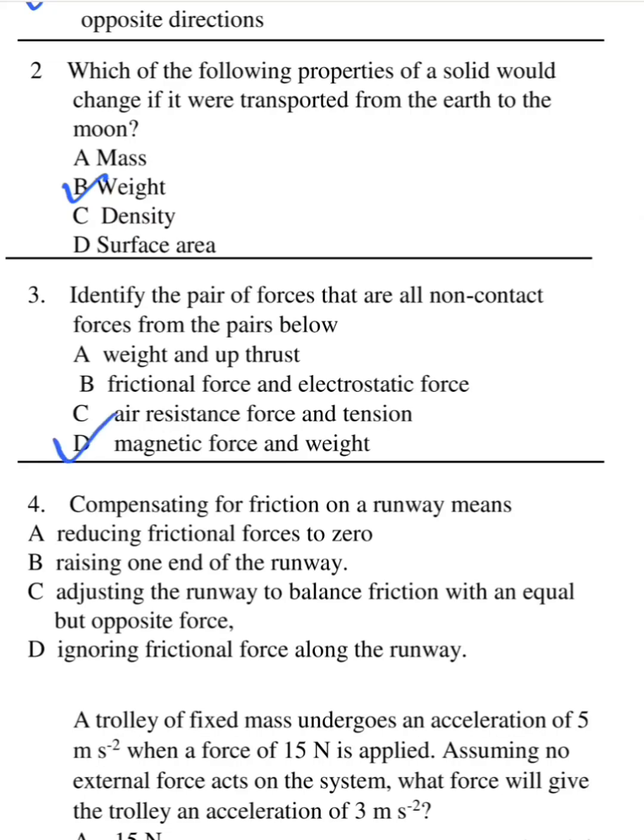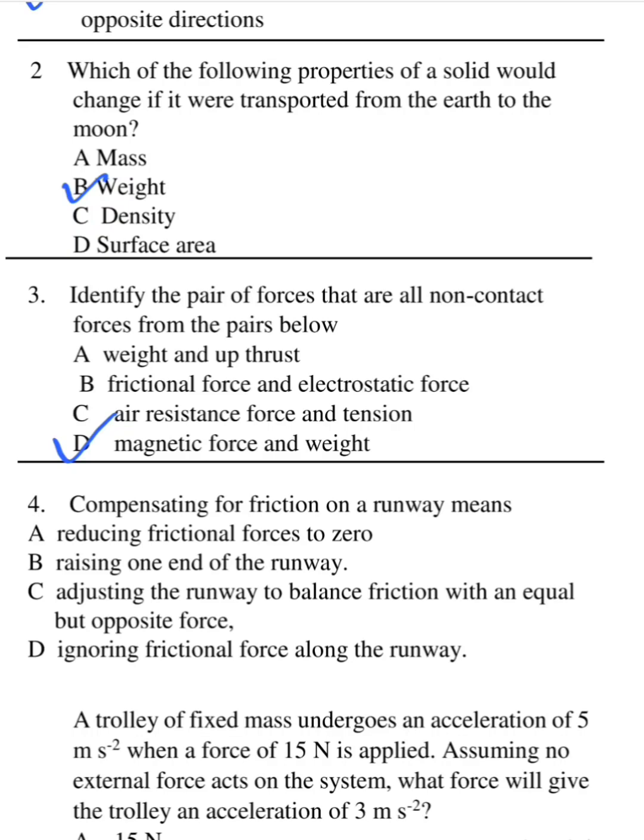In number 4, compensating for friction on a runway means, A, reducing frictional forces to 0, or B, raising one end of the runway. Raising one end of the runway is the way it is achieved, but they are asking for the meaning. What does it mean to compensate for friction on a runway? That is achieved by raising one end, so raising one end is not the meaning, it's the way that is used to achieve that compensation.